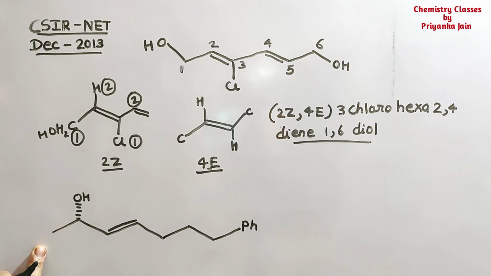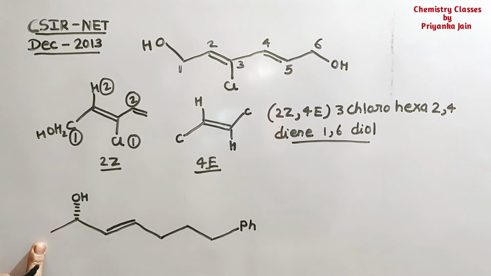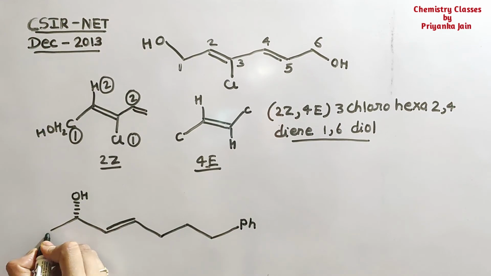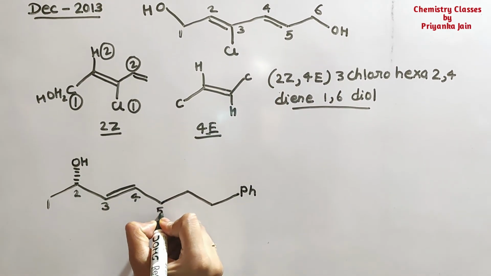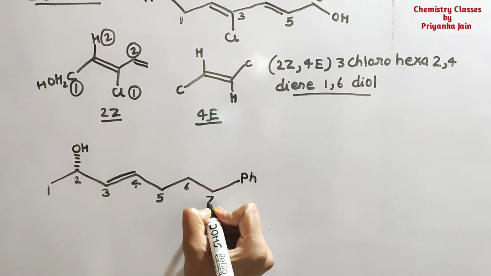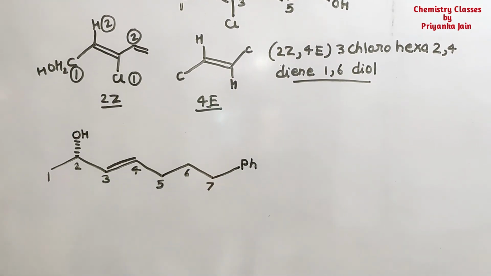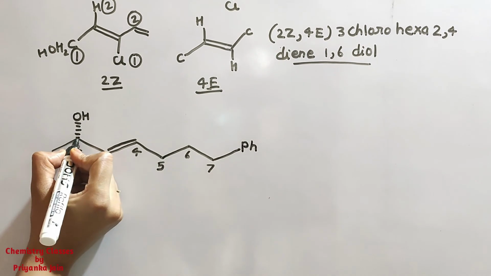Now see this question from the June 2013 question paper. Here we are again asked the IUPAC name. For this compound, firstly, you have to do the numbering: 1, 2, 3, 4, 5, 6, 7. So this is a 7-membered ring. Now firstly you have to see the configuration.